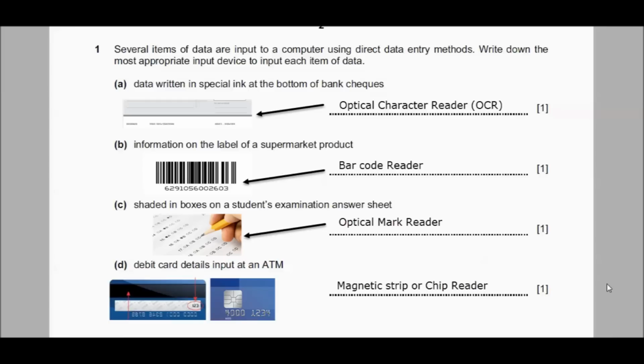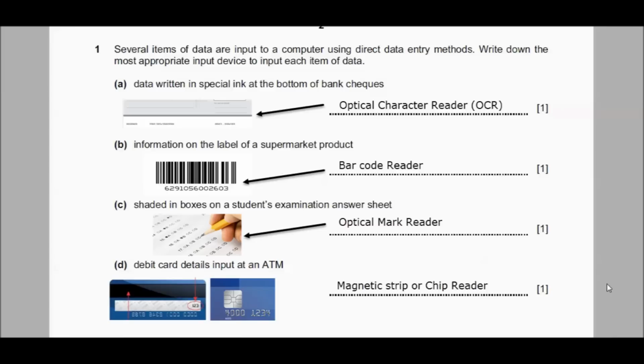So you've got some alphanumeric data on the bottom of the bank check, and what is used is an optical character reader. An optical character reader reads what's on the paper or the document and checks the characters against probably a computer program and records it onto the computer. So if it reads the letters, it will store the letters or numbers directly onto the computer.